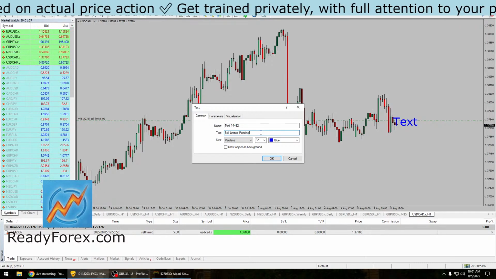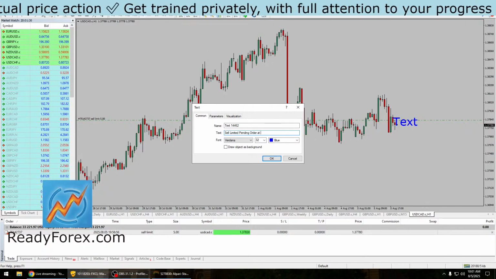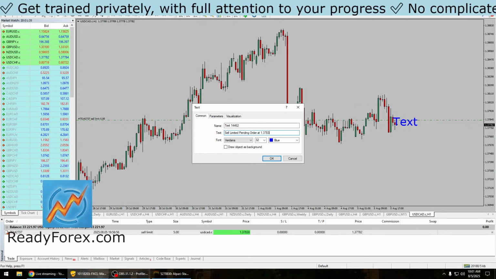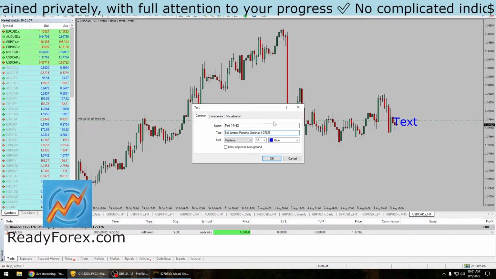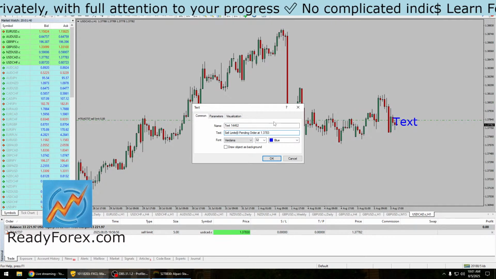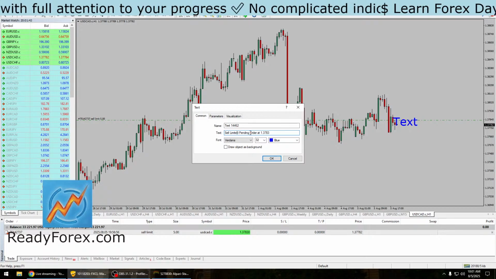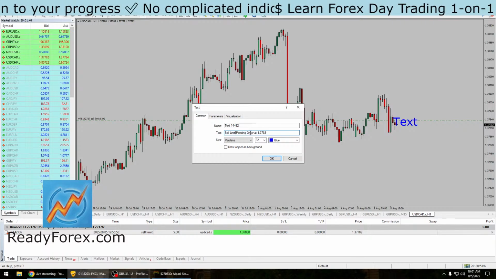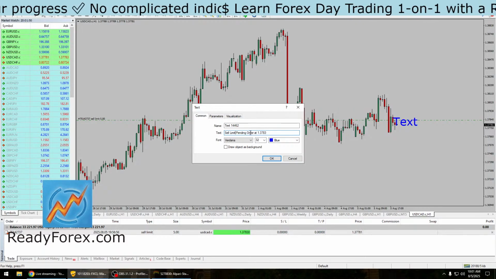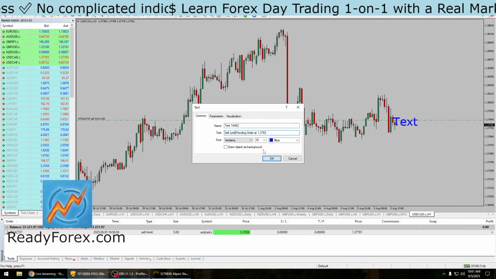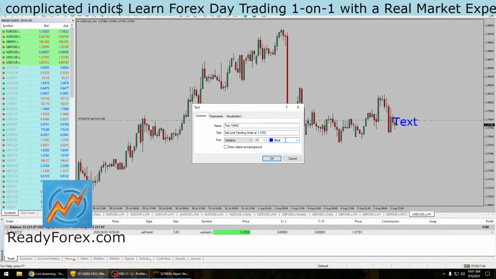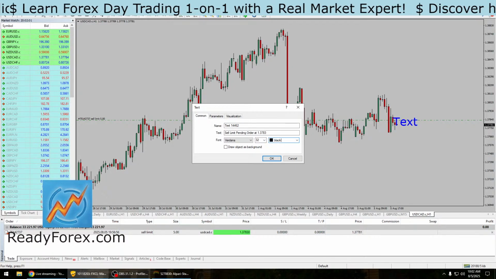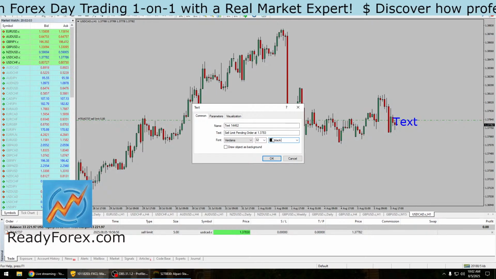So sell limit pending order at 1.3783. And I'm going to change the color to black over here.